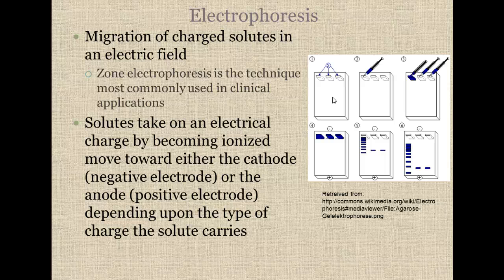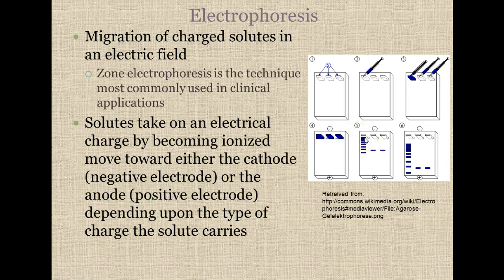Now, that gel, depending on its density, will have these proteins travel towards the anode if they are negatively charged, which in most cases we do make them negatively charged if it's a protein. So the samples are added to the wells, and as you can see by step 4, we've got 3 different samples in here.